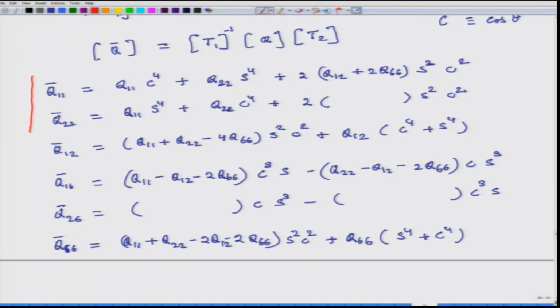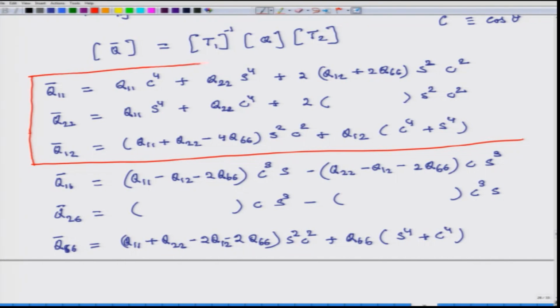Q11 bar, Q22 bar and also Q12 bar, their values do not change if I change the value of theta from plus theta to minus theta. How are they dependent on theta? They are dependent on cosine 4 theta, sine 4 theta, sine square theta, cosine square theta. If I change from cosine 4 theta to cosine 4 of minus theta, it is the same value.